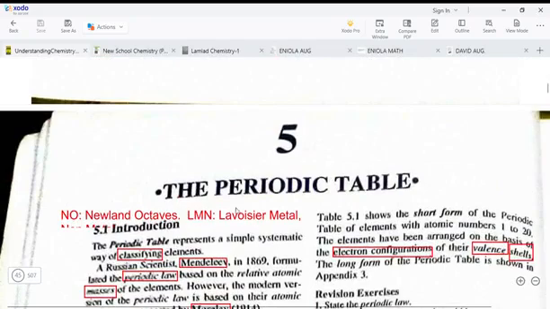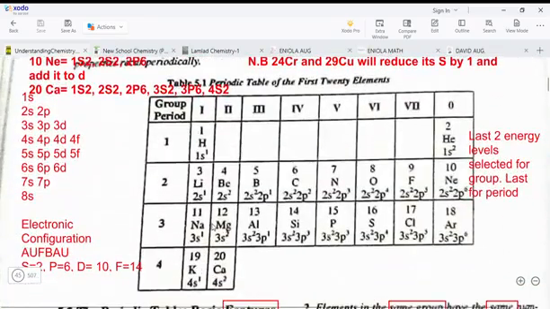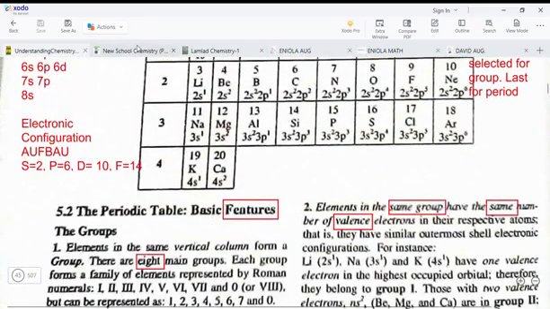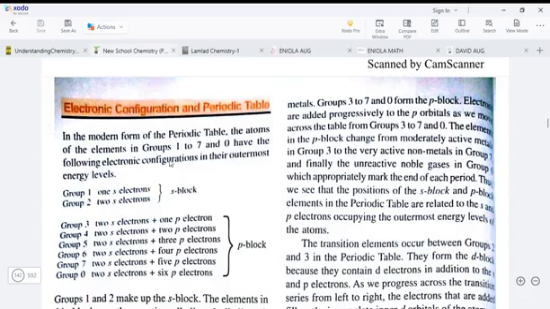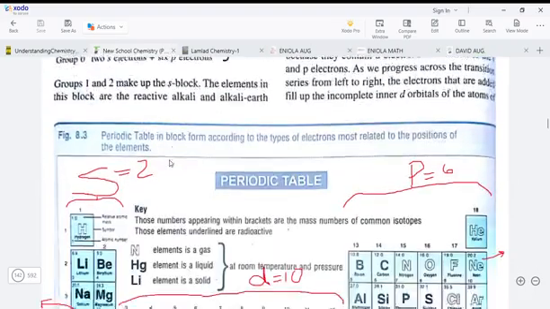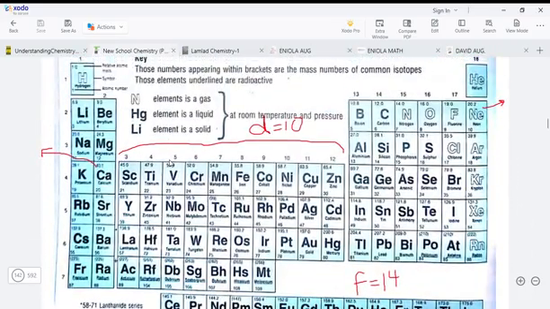Then another person was Lavoisier. You can use LMN. M is metal, N is non-metal, meaning that elements are arranged based on metals and non-metals. There is a particular periodic table from this picture here showing us the complete elements. As you can see, some elements are here from hydrogen down to the last element here.